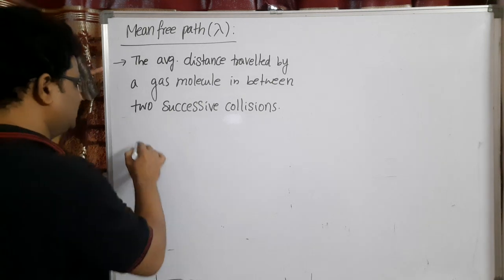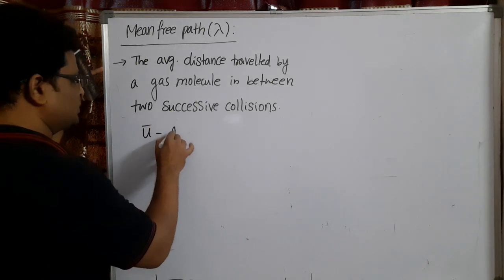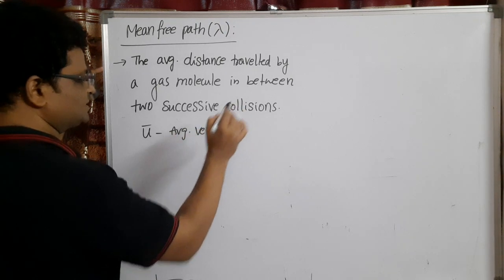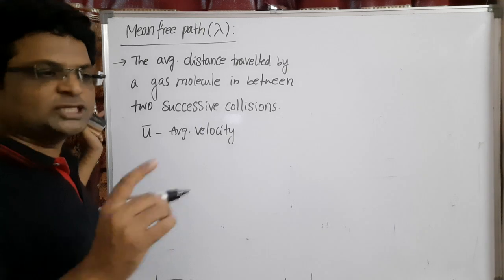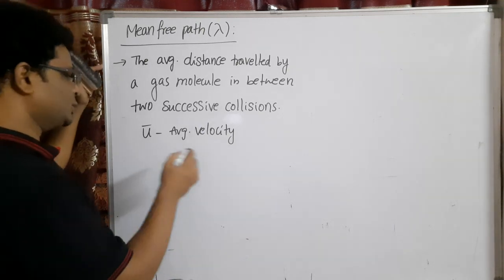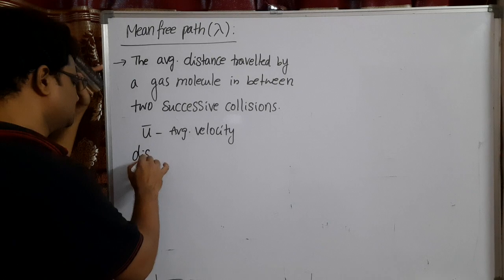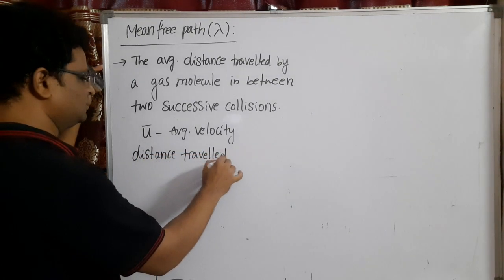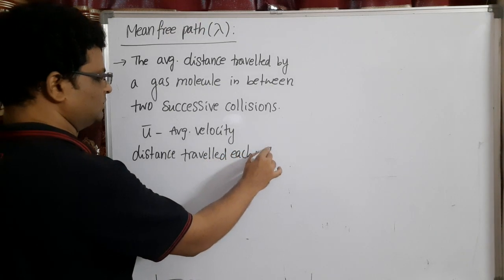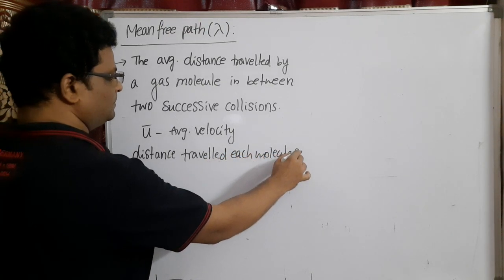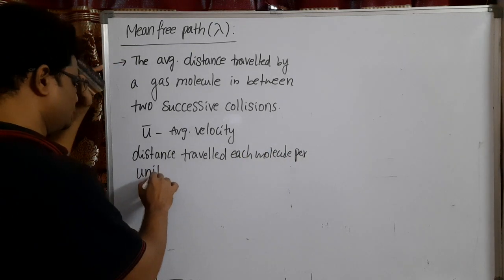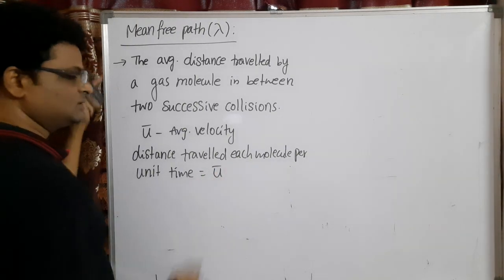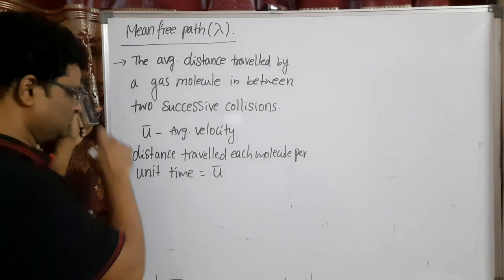Now, if u bar is the average velocity of a gas molecule, then the distance traveled by each molecule per unit time is equal to u bar meters, if it is in meters per second.